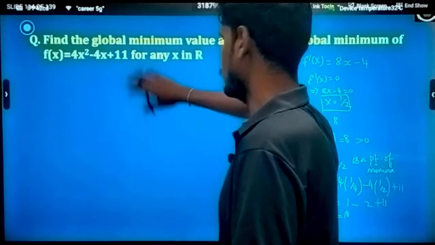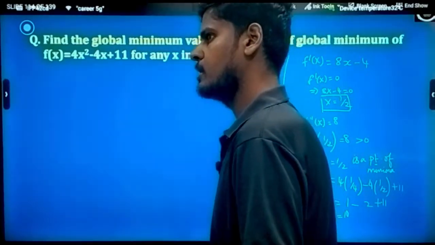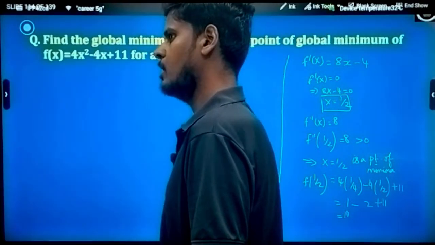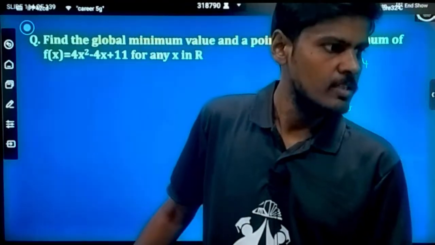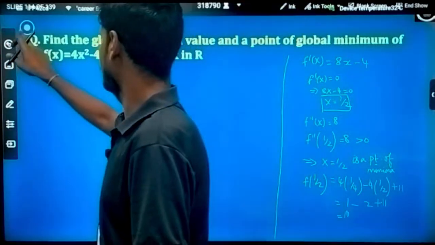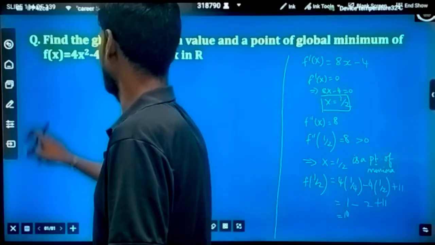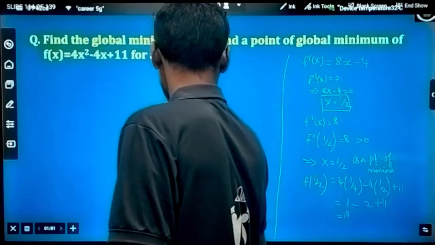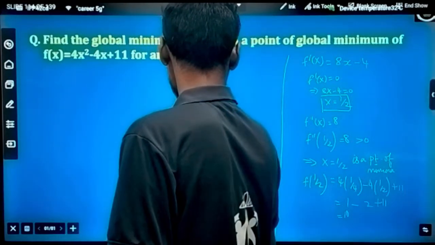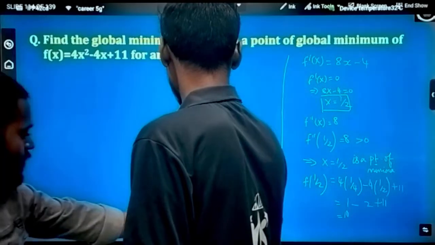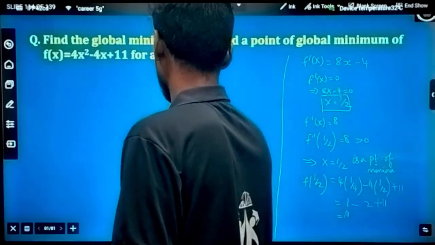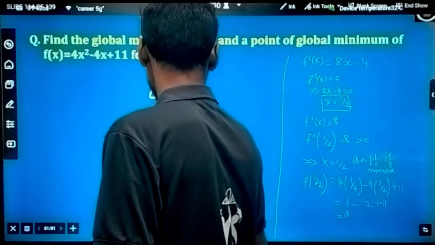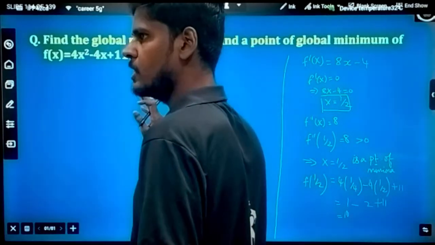Black won't be visible here. This is blue screen, so white is visible. Increase the thickness of the pen. Okay, this color is good now, white.